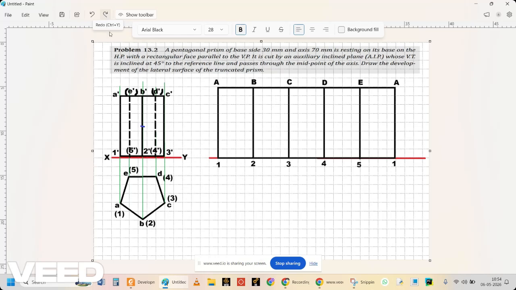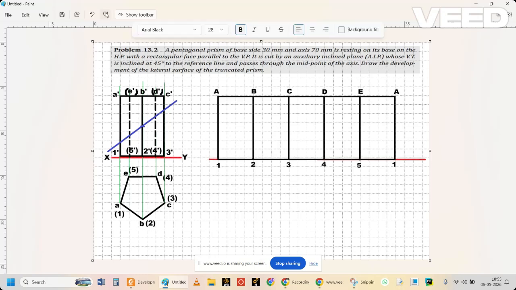I have to mark this cutting plane in my front view exactly at an angle of 45 degrees. And I should mark all those cutting edges between A to 1, E to 5, B to 2, D to 4, and C to 3. Wherever the cutting plane cuts, that particular cutting point should be marked and projected in the developed surfaces.